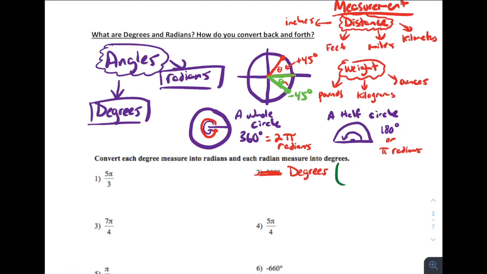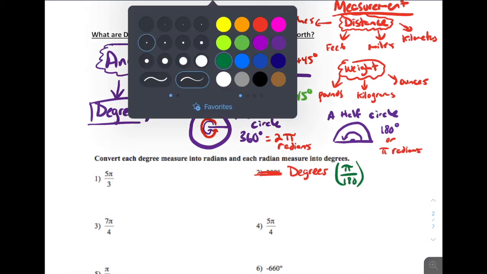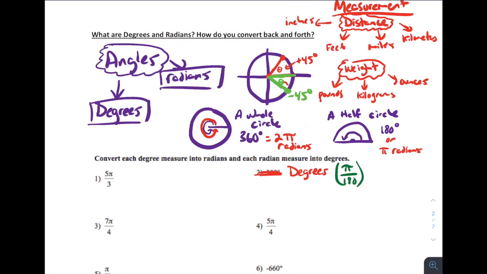And so I'm going to use my half circle here to set those up, but that ratio here would be multiplying by pi over 180. So if I take the degrees and I multiply by pi over 180, that is going to give me the same exact angle in radians. So this is a useful equation to know.